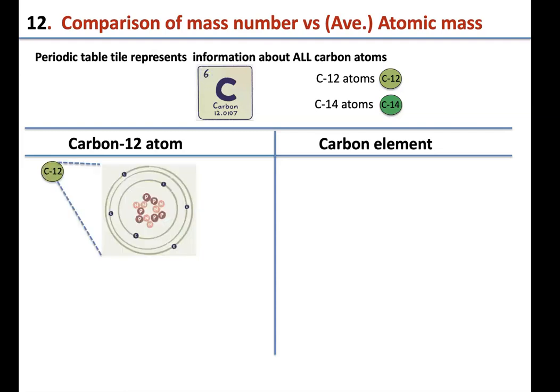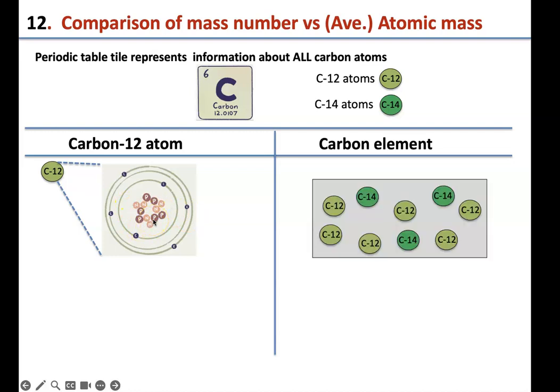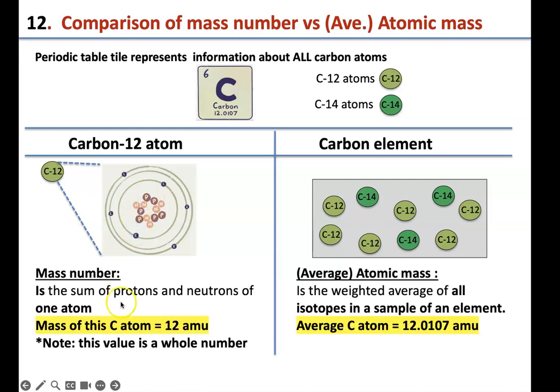If I look at one carbon 12 atom, the mass of this atom is equal to all the protons plus neutrons. Since it has 6 of each, you add 6 plus 6, and the mass is 12.